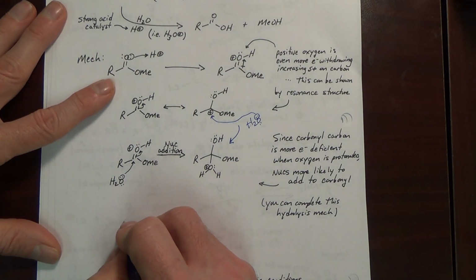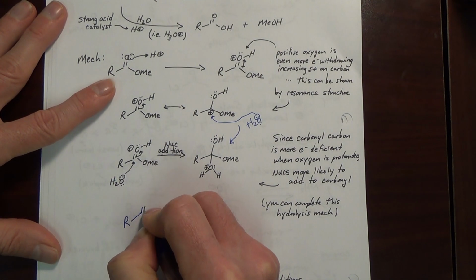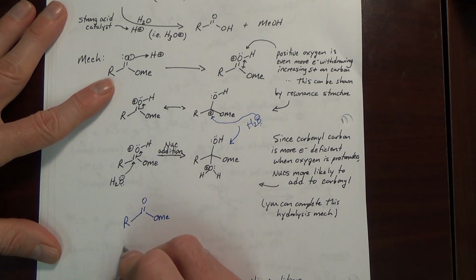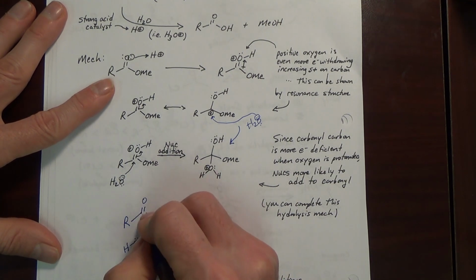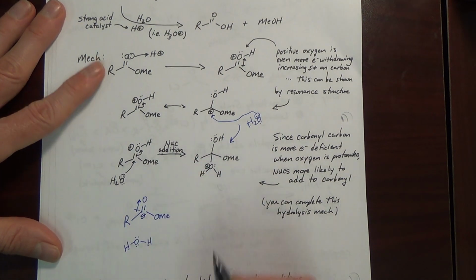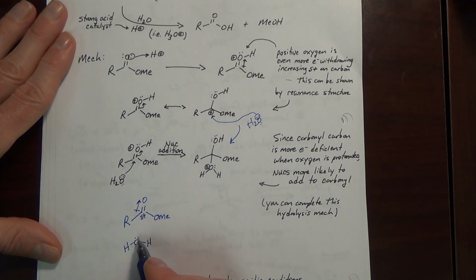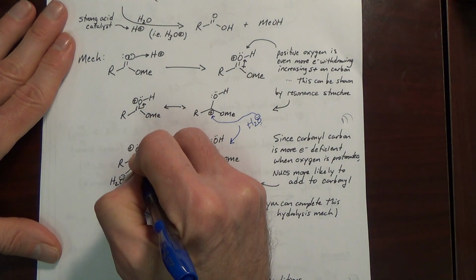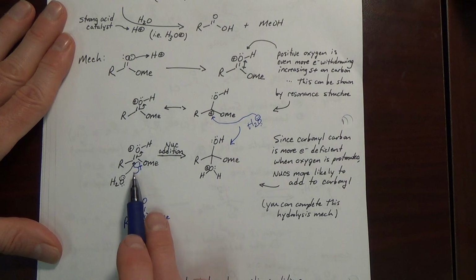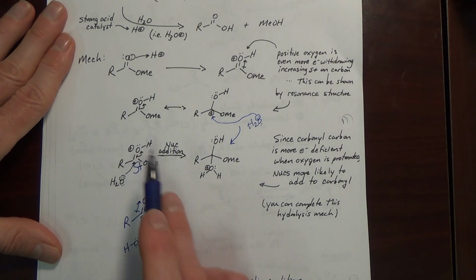Now, if you do not have the carbonyl protonated, it turns out that while that is still partial positive, it is just not as partial positive as when the oxygen is protonated.